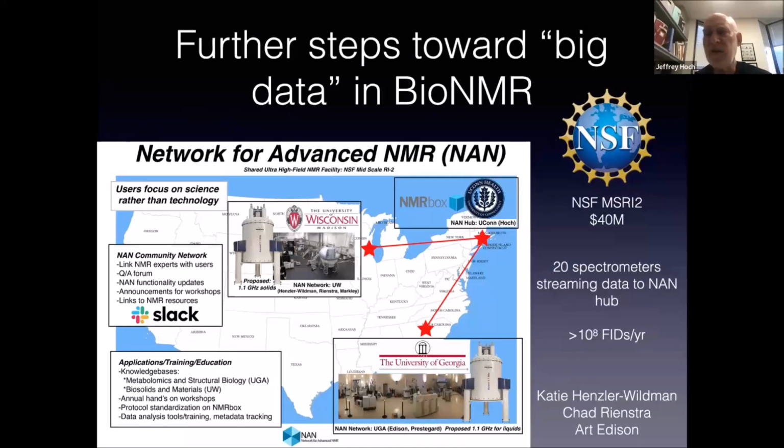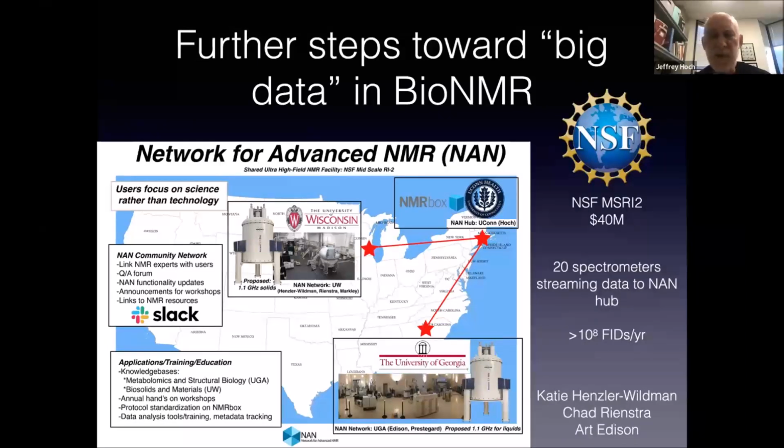All of them will be streaming their data to a secure repository here in Connecticut on a nearly real-time basis, and will make it very easy for investigators to push those into public data repositories as well. In addition, the resource discovery will help with scheduling and remote access.